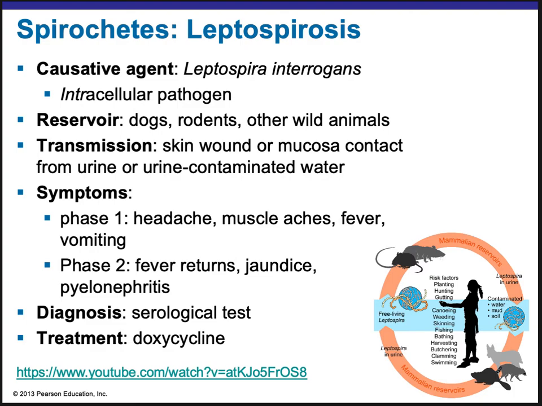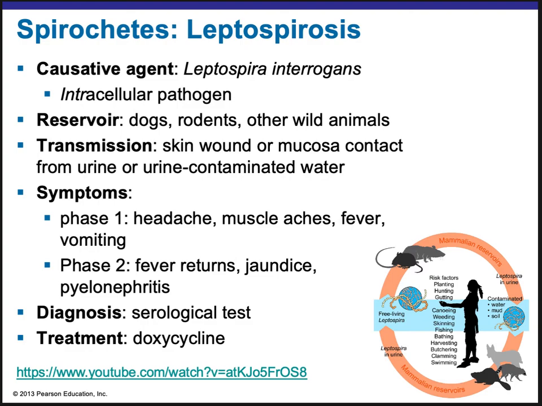So this is an example of pyelonephritis that starts from ingestion or entry through a wound on the skin, and it then travels through the body and eventually gets to the kidneys, right? Most kidney infections, as we mentioned, were from E. coli.